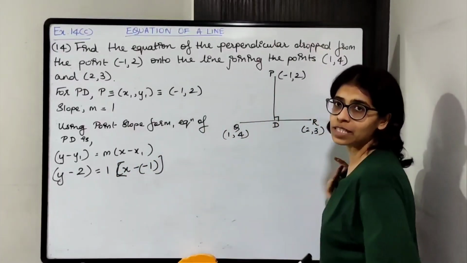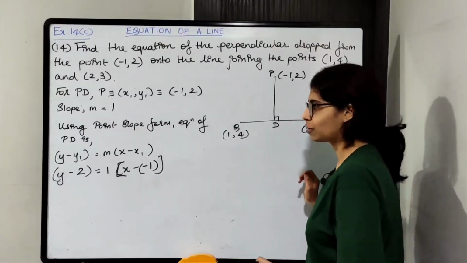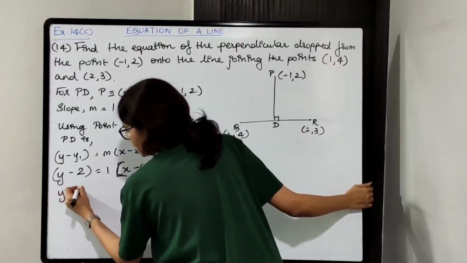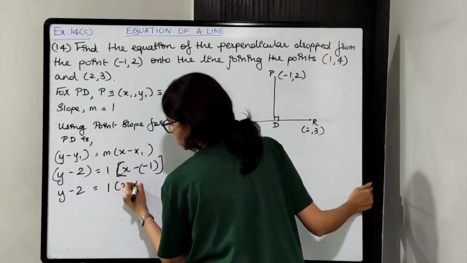Be very careful with signs. If you go wrong, your equation will come out wrong. So y minus 2 is equal to 1 into x plus 1.